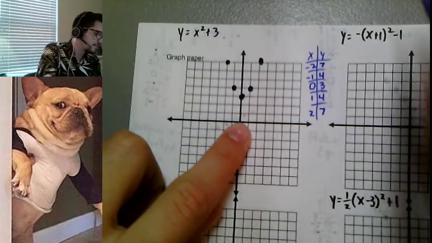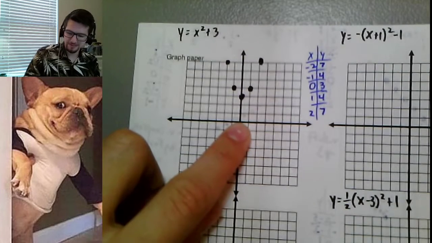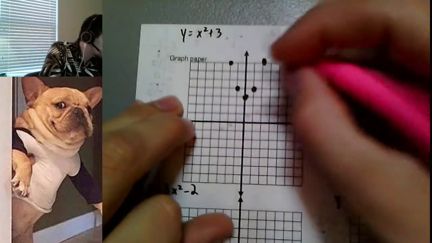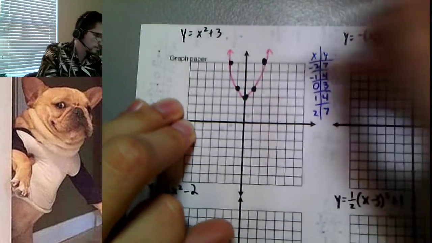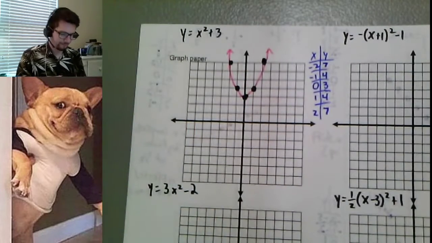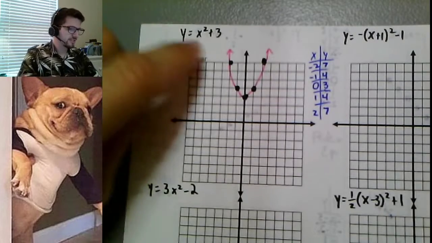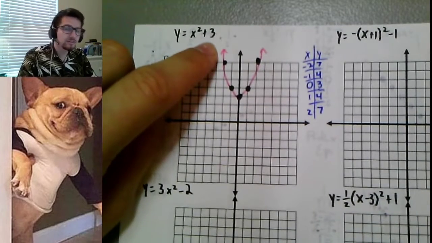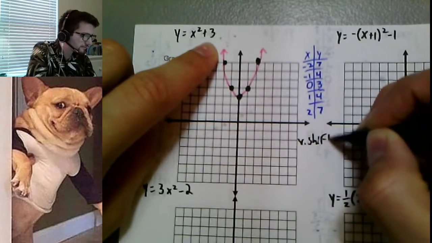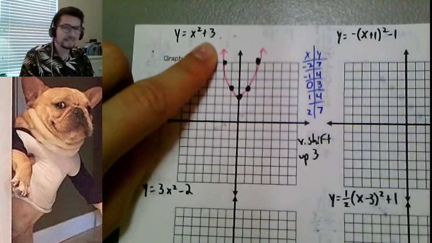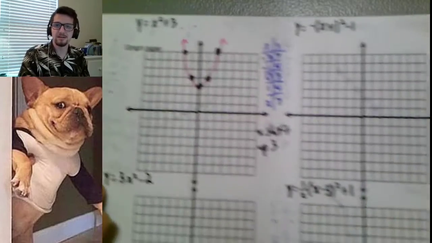Like I said in the lesson, these are usually symmetrical, so once you know half of them, you can just draw the rest of them. So I go up this way, and I go up this way. Great. What transformations did I have? Well, I had a vertical shift, just like the last problems, up 3. And that was it. No other numbers.